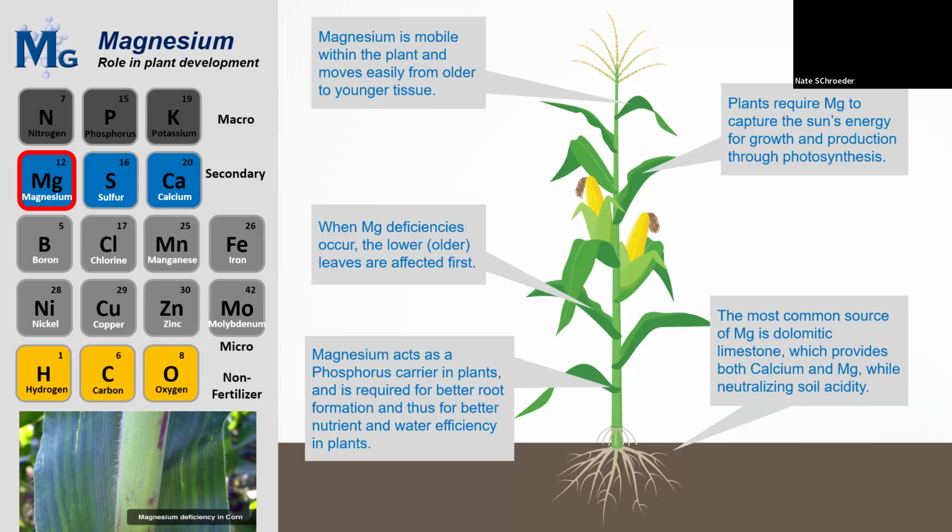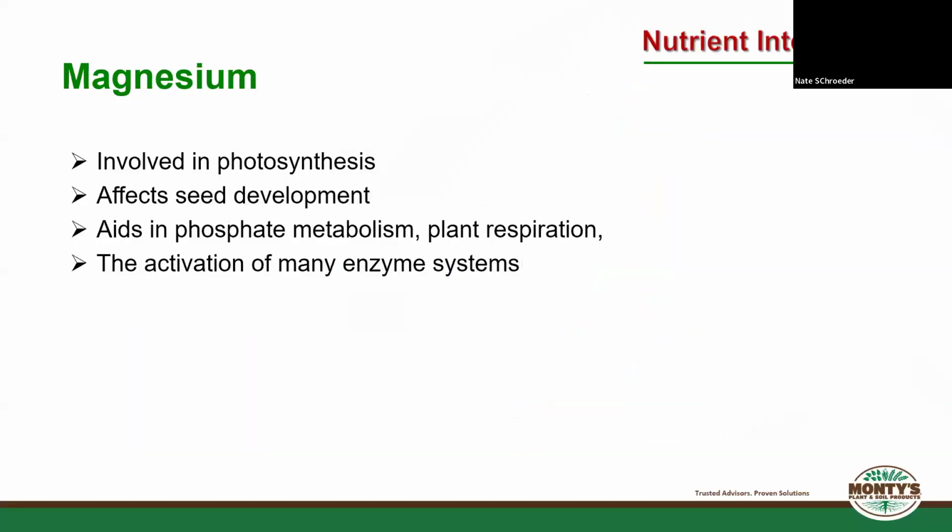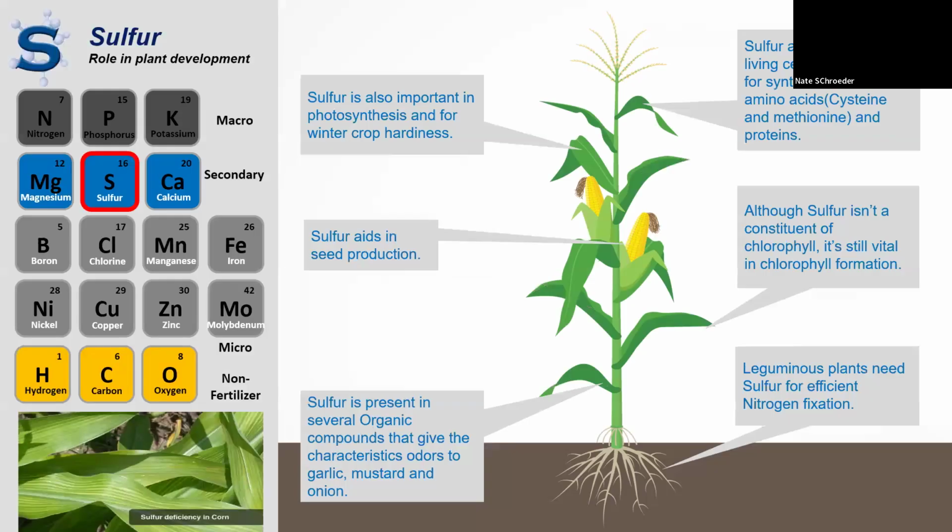Again, we don't talk a lot about it because of a lot of the soils that we're working with. It's more of a challenge of balancing, but it is an important nutrient. It also does not play well with others, which is why you don't see a lot of foliar blends with magnesium in it. I guess we talked quite a bit about sulfur earlier.